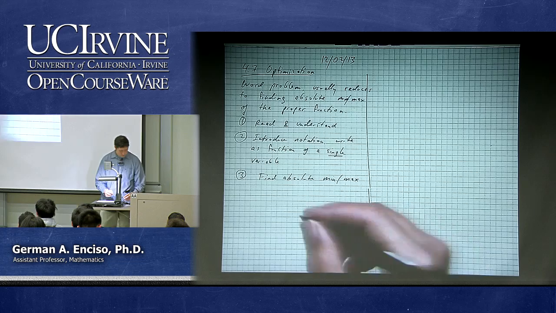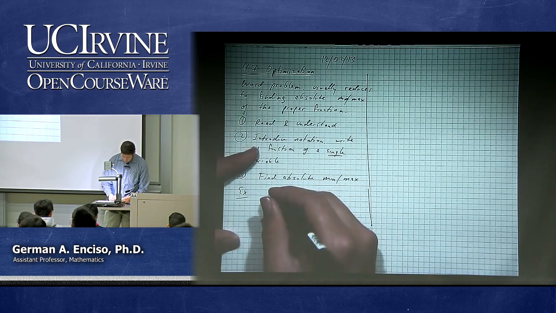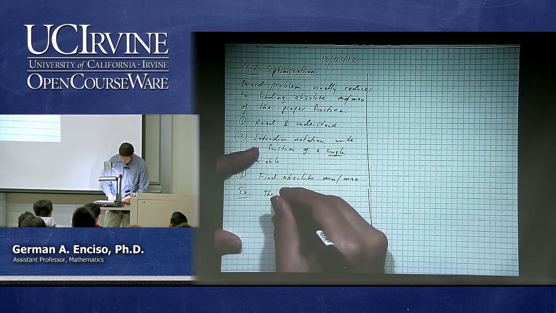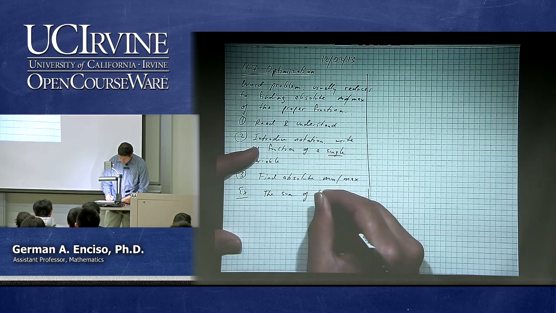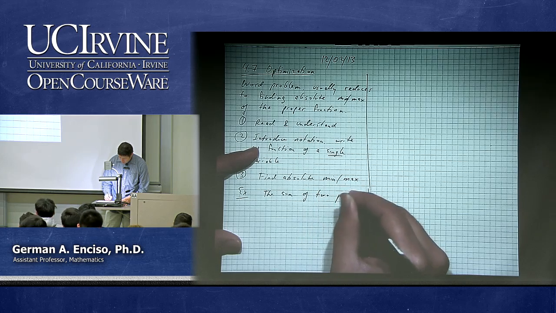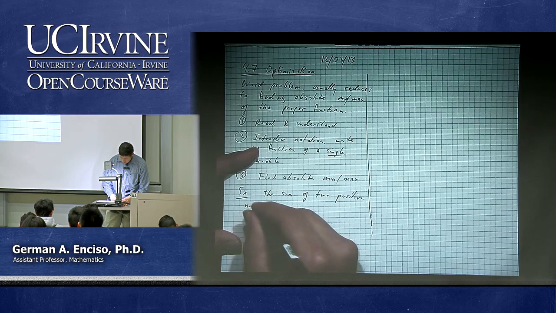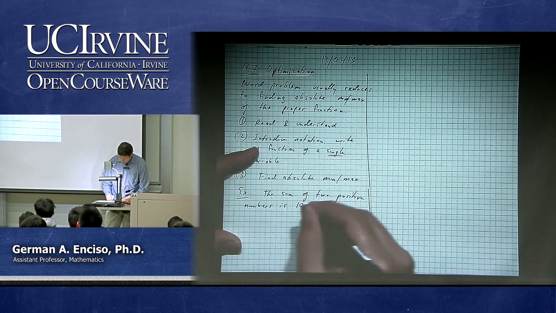All right. So, example. The sum of two positive numbers is 10.